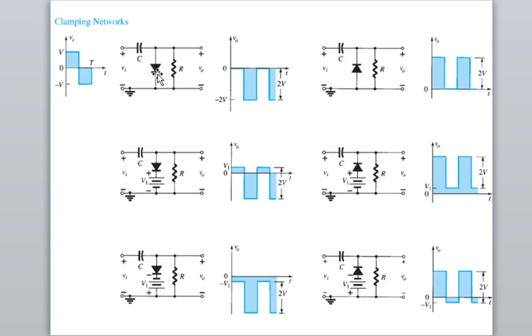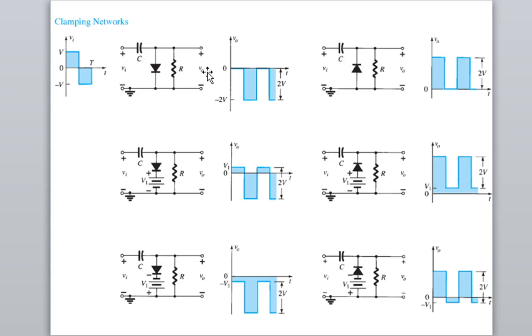This is the first circuit without any DC biasing. The only change made is that we have changed the polarity of the diode. Here the diode arrow was in the down direction, and here it is in the up direction. If you change the direction of the diode with the same square wave input, the output polarity changes. Here it is minus 2V and here plus 2V.